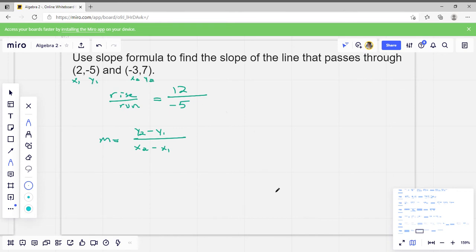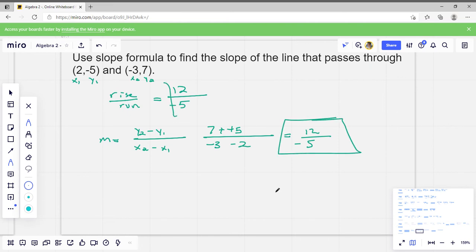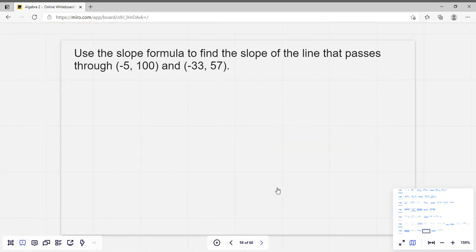So we've got y2 is 7 minus y1, which is -5, and then x2, which is -3, minus x1, which is 2. This is going to add up to be positive 12, and that's going to be -5. Same thing that we just got the other way. I like to just think about it logically and come up with the answer. I don't think you need slope formula.